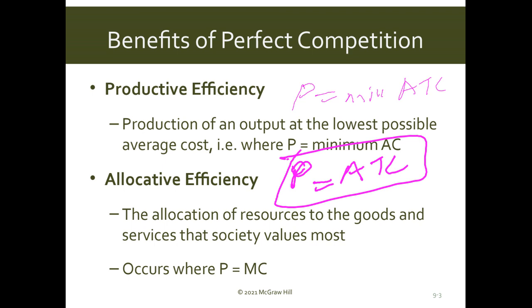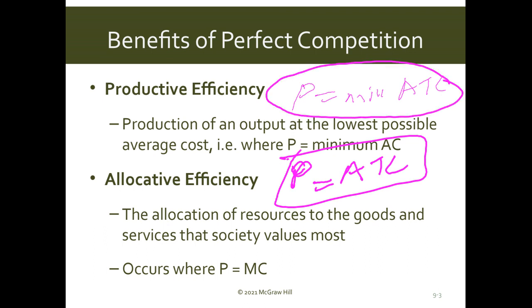But in a perfectly competitive market structure, price is not just equal to ATC, but also equal to minimum of ATC. In other market structures, we will see that firms are earning zero economic profit, but they are not operating at minimum average total cost. Why are these firms operating at minimum average cost?